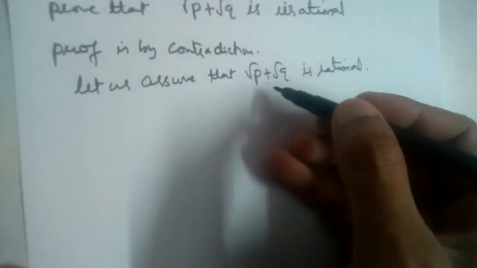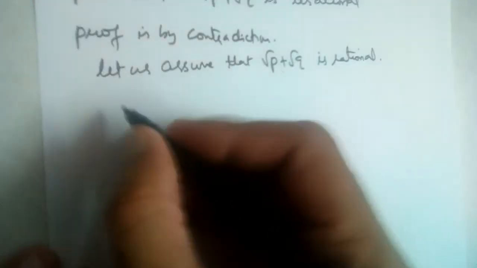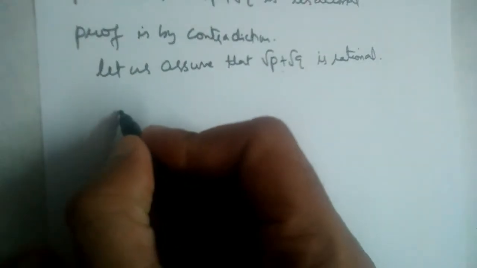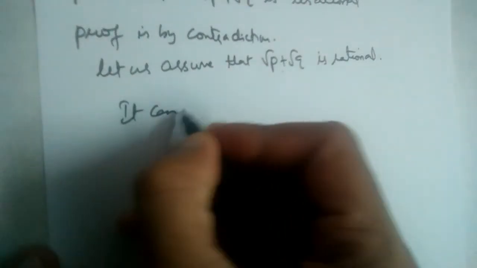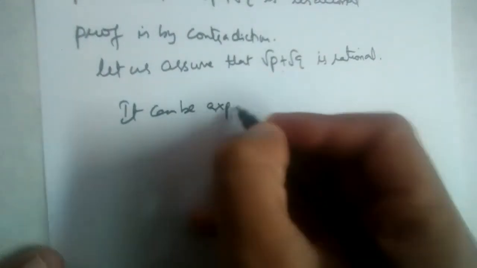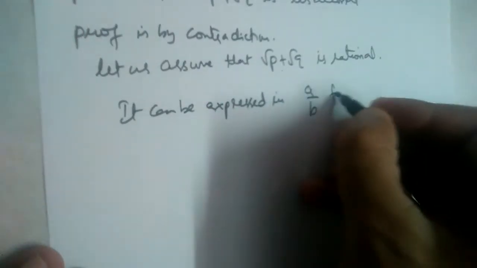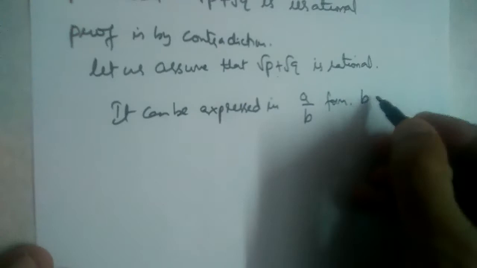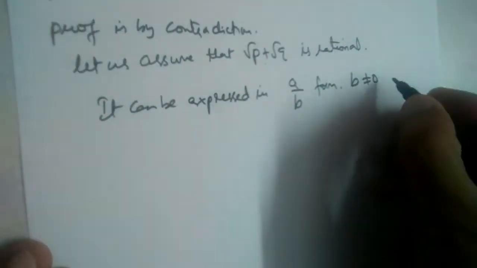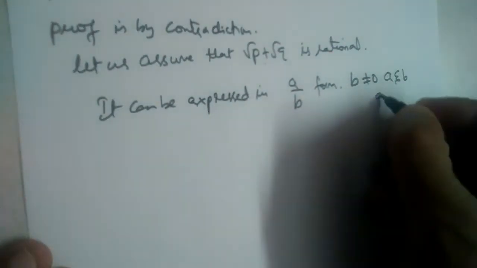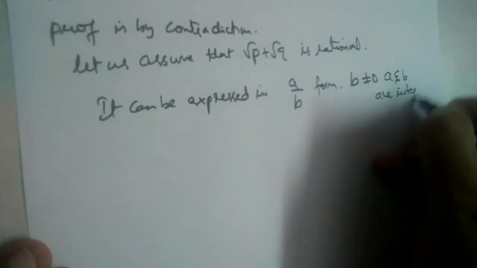But p and q are already taken here, so let us write a and b. Which means it can be expressed in a by b form. Here the denominator b should not be equal to 0, and a and b are integers.